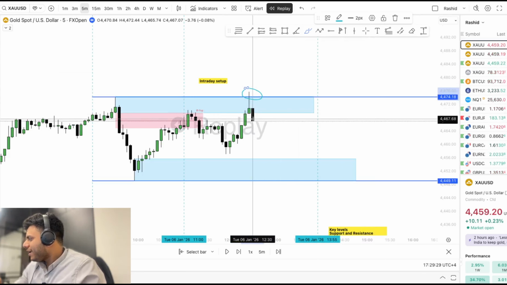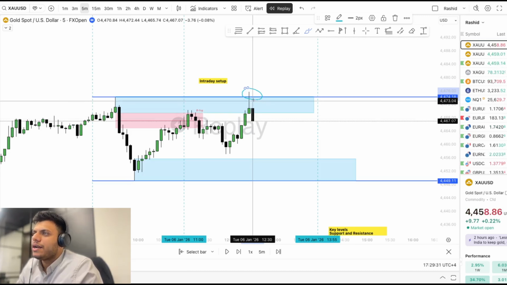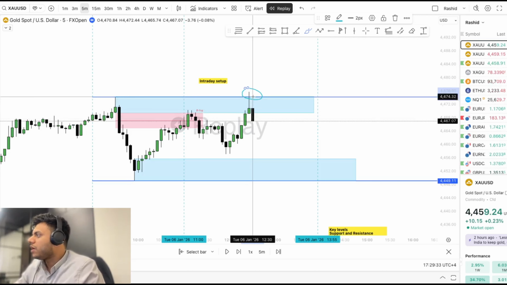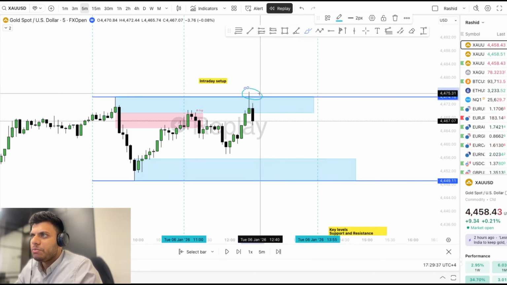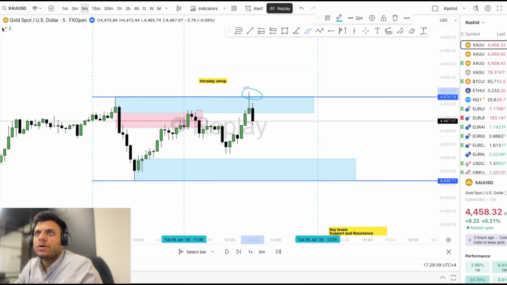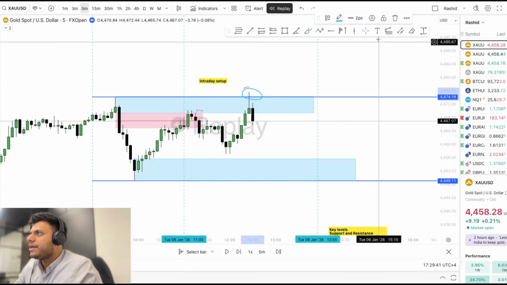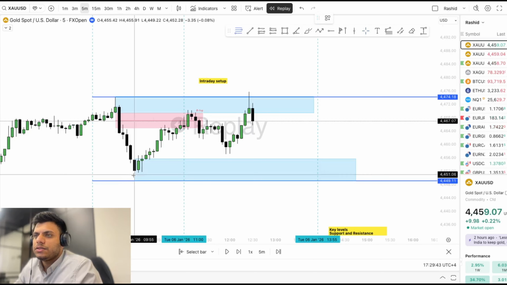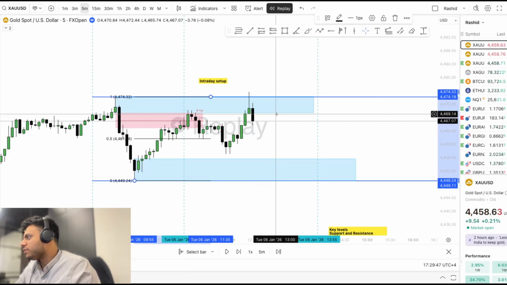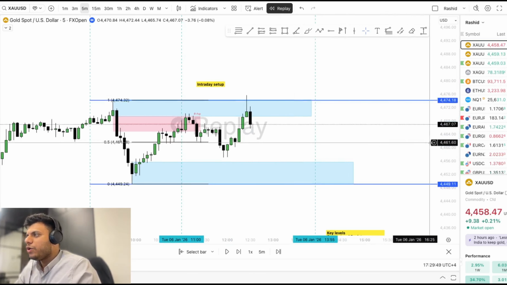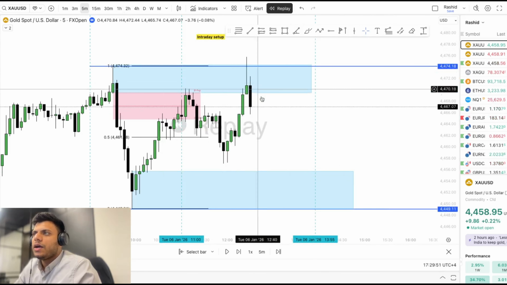So once you get this opportunity like this, this is a gem. So what you need to do is understand this is your trading range, and currently the market is in the premium also. So you need to wait for a fair value gap.